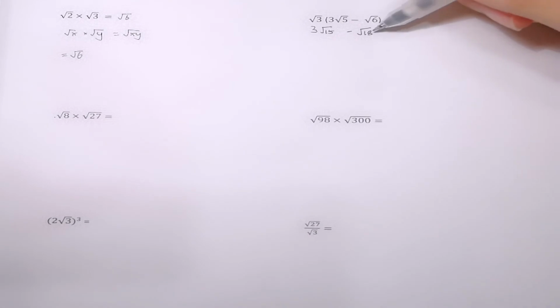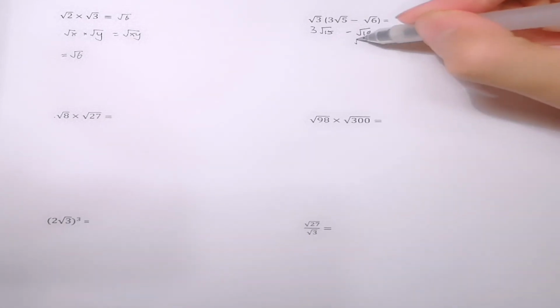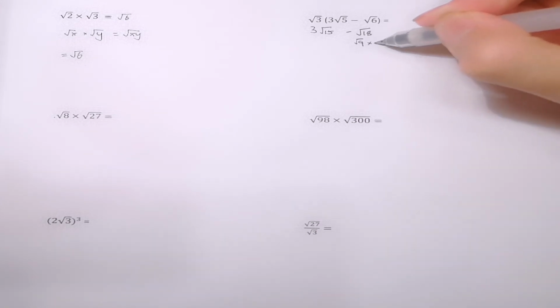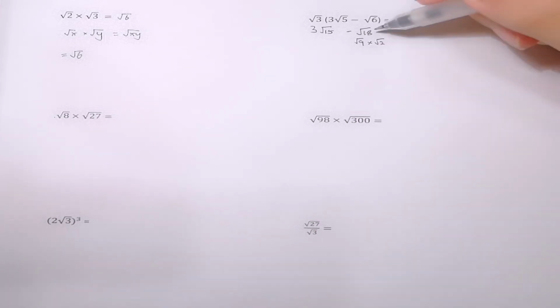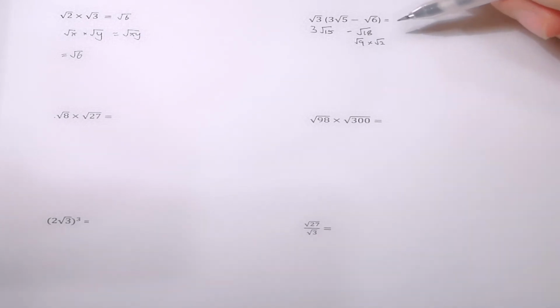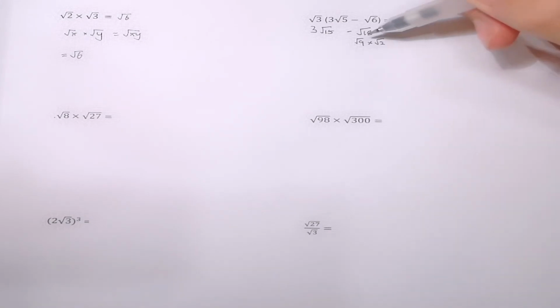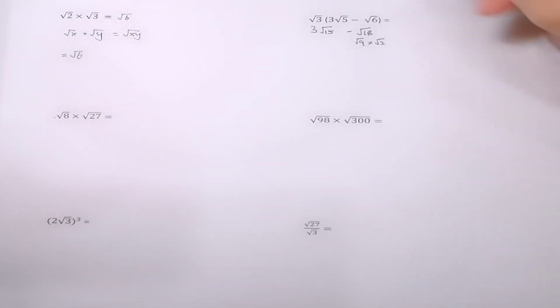And with the square root of 18, we can factorize it to make it the square root of 9 times the square root of 2. They're still exactly the same because 9 times 2 is still 18. We do this because we can simplify the square root of 9 into 3.